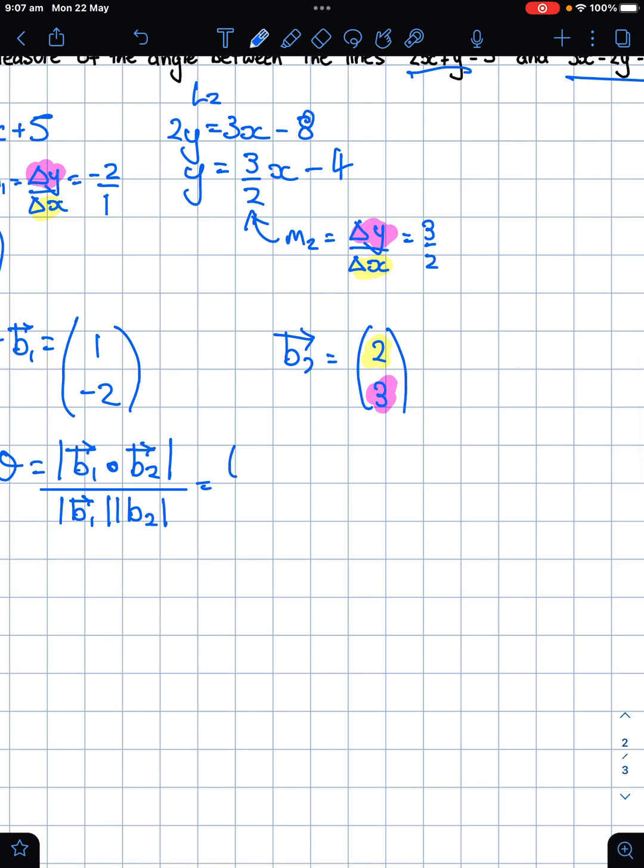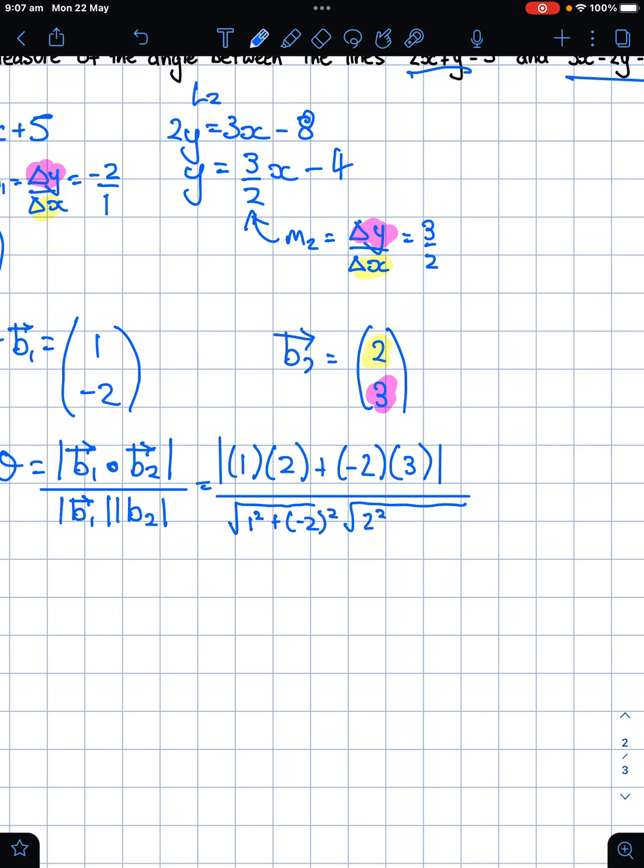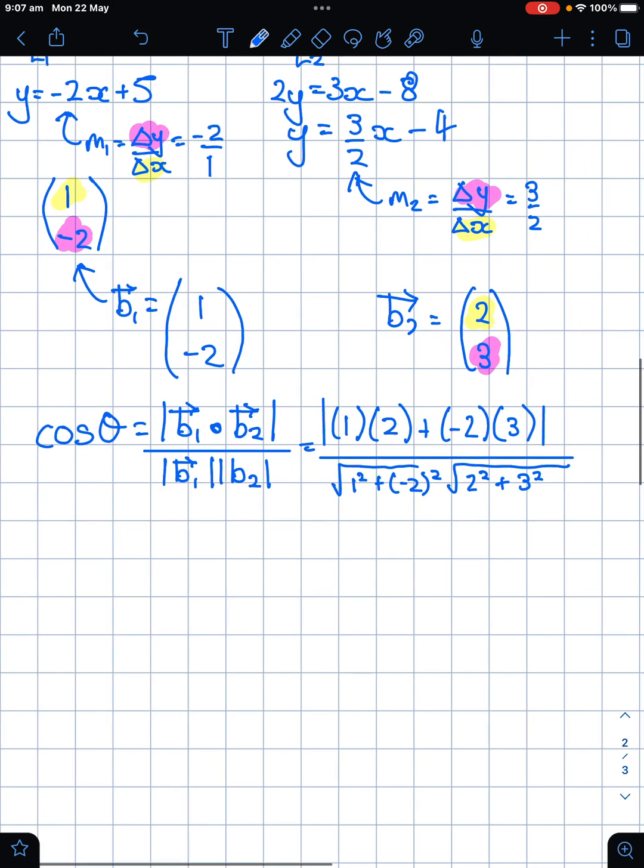Dot product of B1 and B2, feels weird not talking through these: 1 times 2 plus negative 2 times 3, and don't forget our absolute value. Then we've got square root of 1 squared plus negative 2 squared, times square root of 2 squared plus 3 squared.